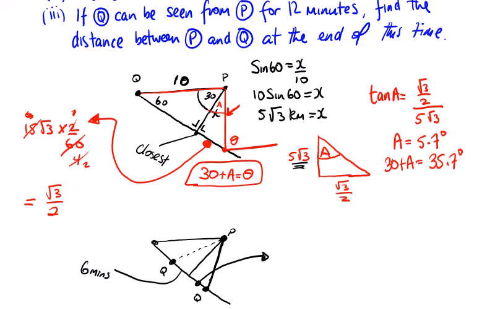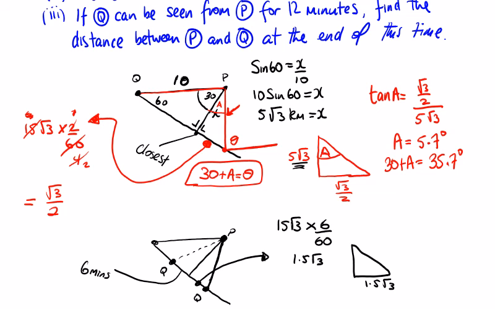So it's traveling at 15 root 3 kilometers an hour. And the time is 6 minutes. So 6 over 60, 1 over 10. So it's 1.5 root 3. So 1.5 root 3 is that bottom side. So a little triangle just to show where we're at. The bottom is 1.5 root 3.